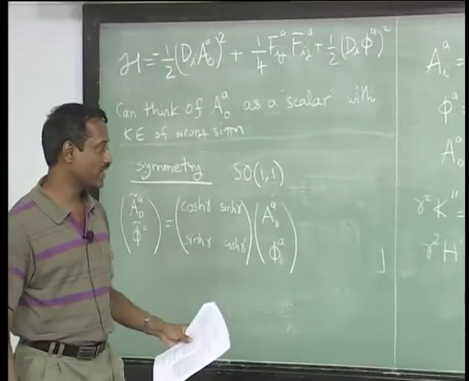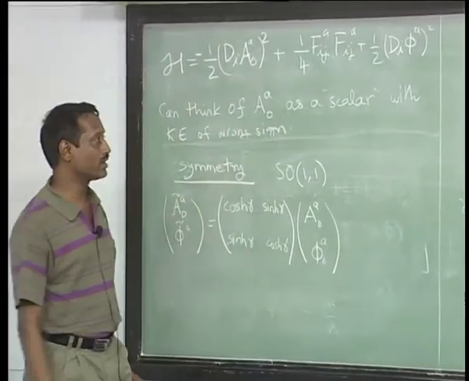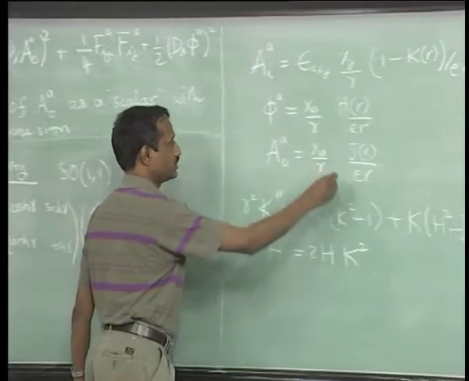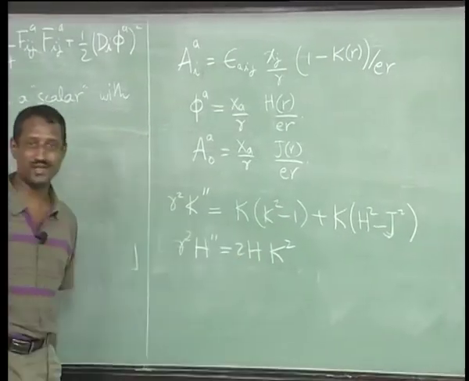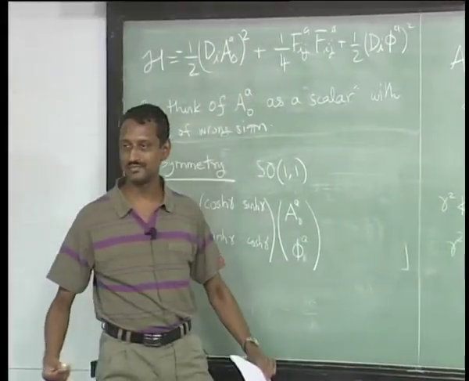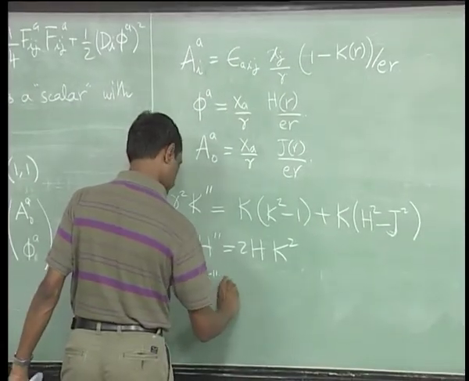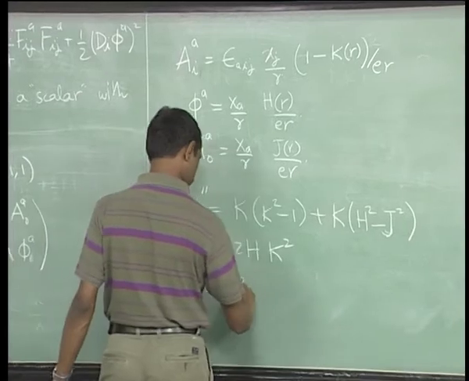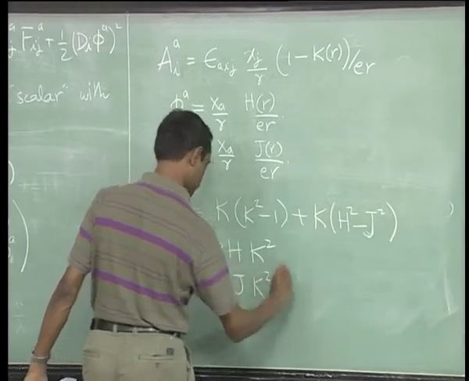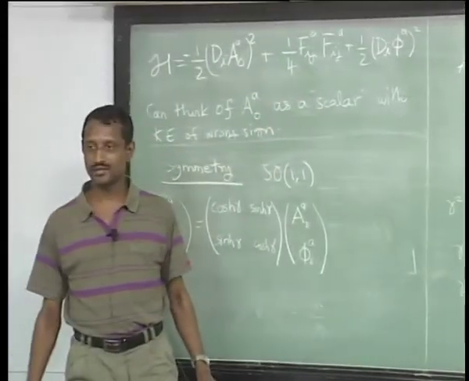Now again it is very easy to write what the equation would be for j: wherever we see h we write j. And that is indeed the case.